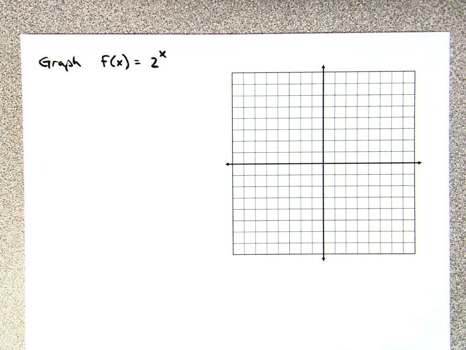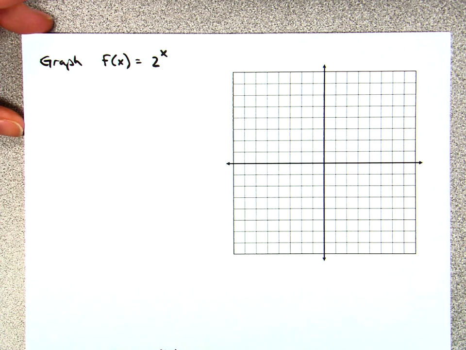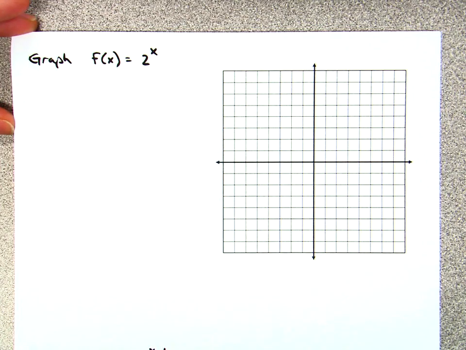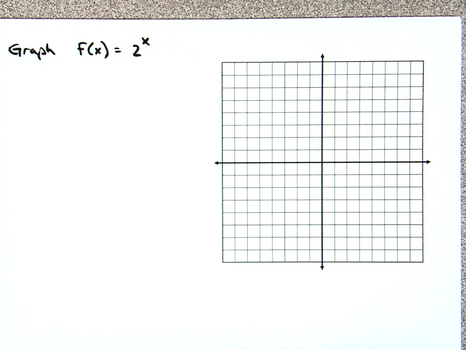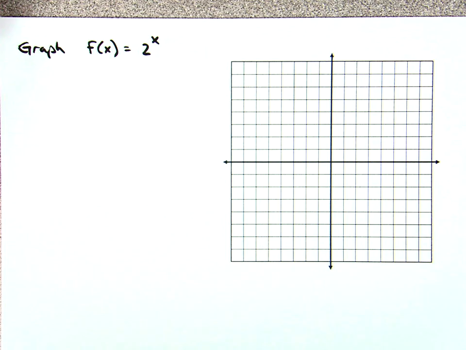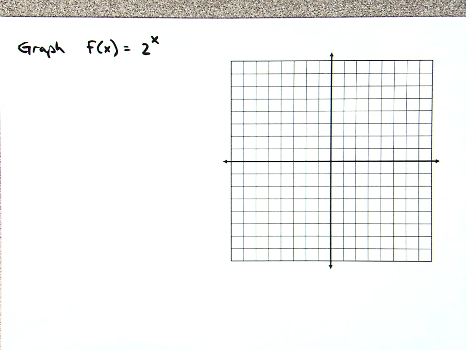So if you're not familiar with just the regular exponential function, let's make sure we go through this. All right? So we're going to start off by graphing 2 to the x. So we'll start by picking a few points just to make sure we can get a basic shape.